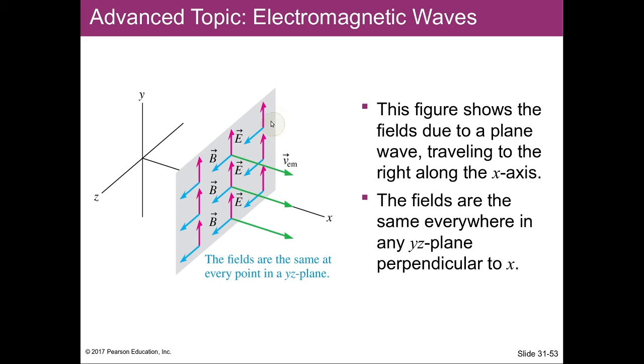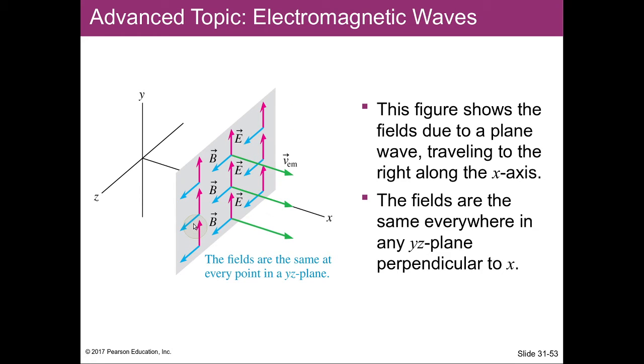So at any wavefront, at any instant in time, we have a constant electric field along any position in the yz plane shown here, for a constant x, and similarly a constant magnetic field at every point on this plane.